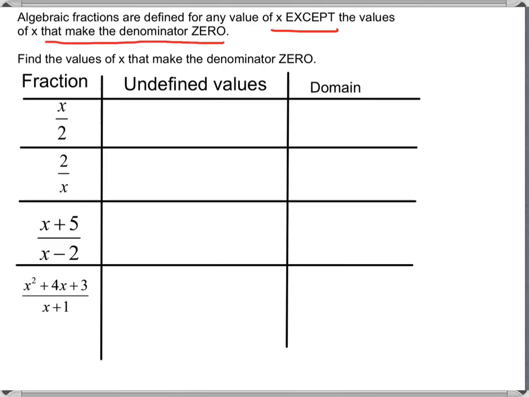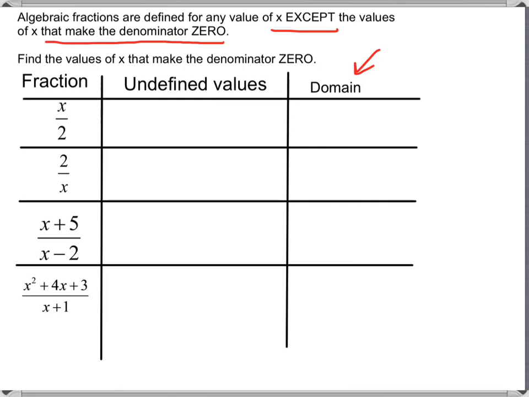Remember, 0 divided by any number is 0, but any number divided by 0 is undefined. So in math, you can never divide by 0. So anything that's going to make the denominator 0 is going to be eliminated from the domain. Remember, the domain is any value of x that you want to put into the algebraic fraction, or the algebraic expression.